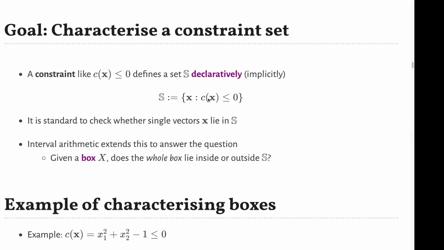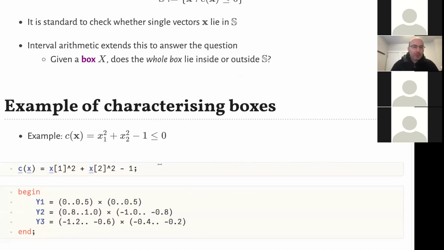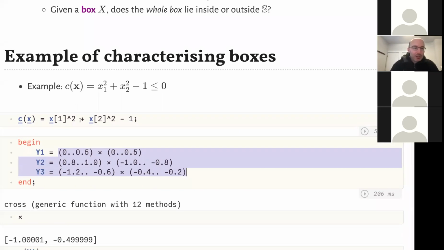But if I wanted to do more than one point at a time, I want to characterize sets, then I need interval arithmetic or lazy sets or some other set computation package. So how does interval arithmetic do it? Well, here are some boxes, and here's my standard Julia function.